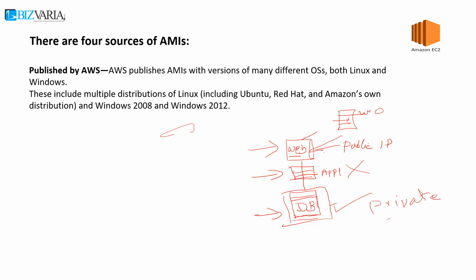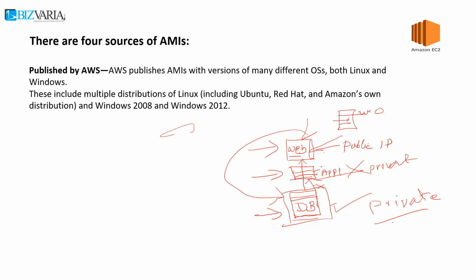No one can have access to this except the application server. This application server has a private IP address, right? And this database server has a private IP address. So these two can talk to each other. But the web server can only talk to the application server. It cannot talk to the database.